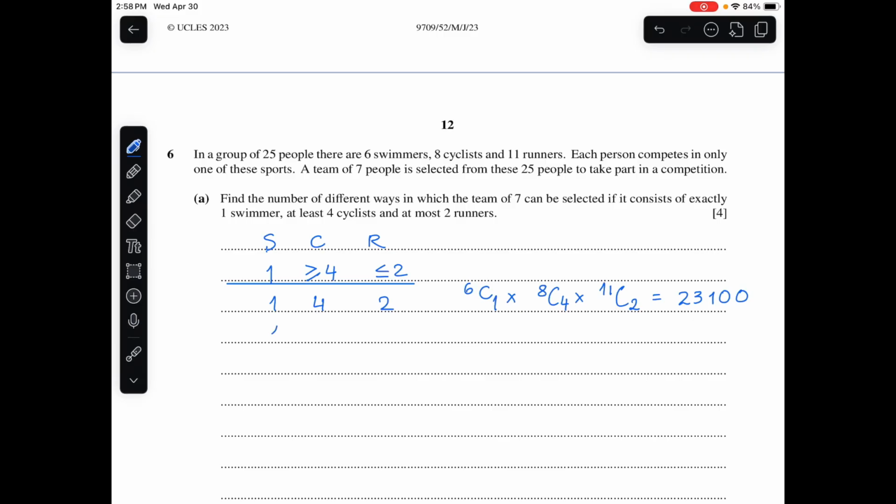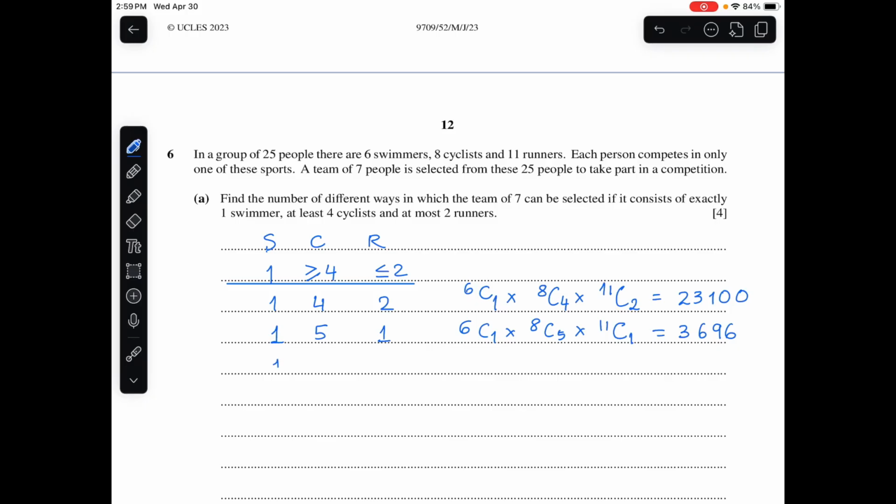What are the combinations we can have? The number of swimmers cannot change, so let us say we take 5 cyclists. Yeah, 5 plus 1 is 6 now, and then we have 1 runner. So again 6C1 times 8C5 times 11C1. In this case, the answer is now going to be 3,696.